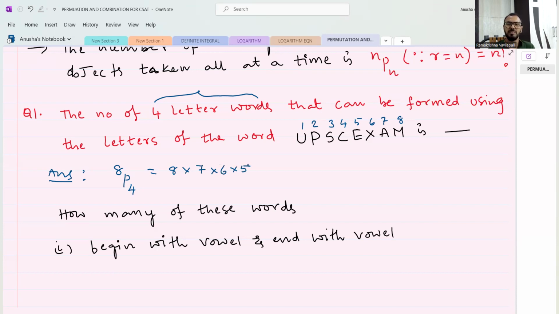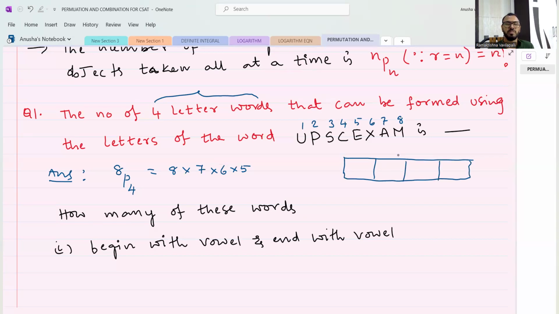I don't simplify this. Or you can think of this question using filling of box. Filling up how many boxes? 4 boxes. We want to fill 4 boxes because we want to frame 4-letter words. All right.